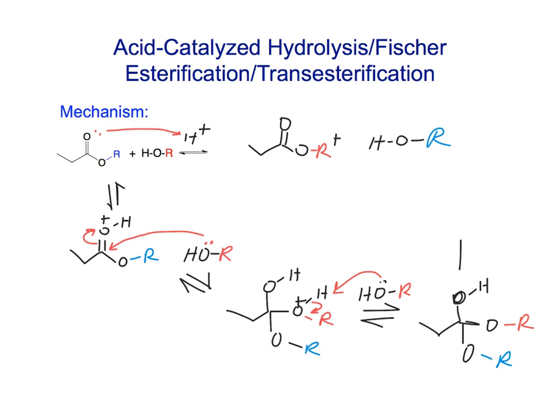Dr. Davis, why can't we stop at the acetal there? If we took off the water, wouldn't it form an acetal? So the question is, why can't we just go to an acetal here?